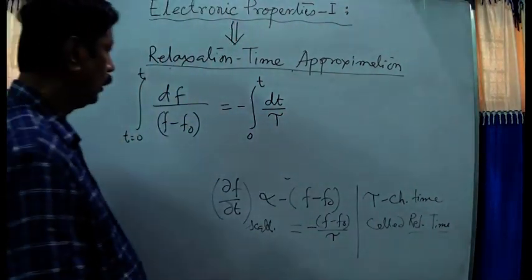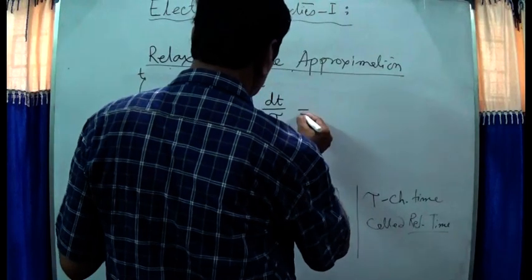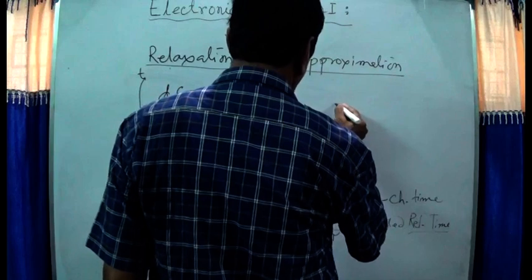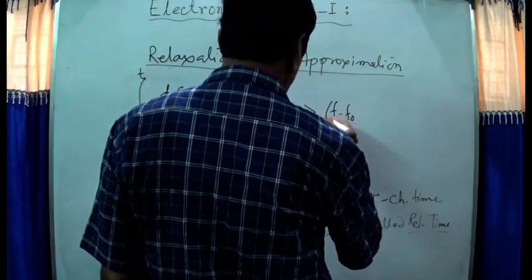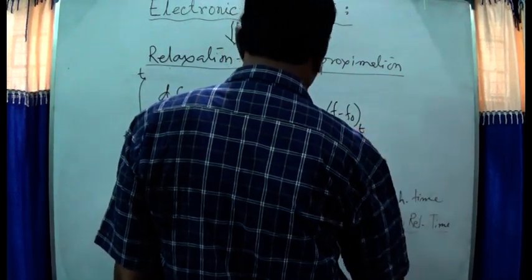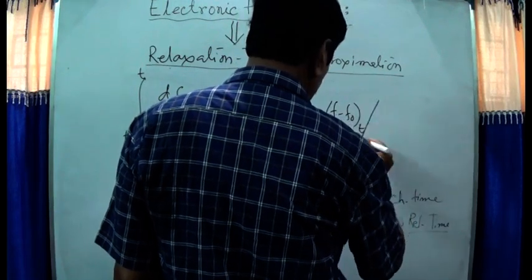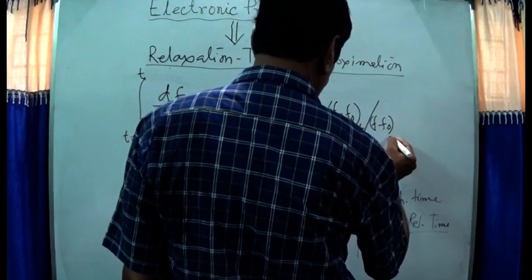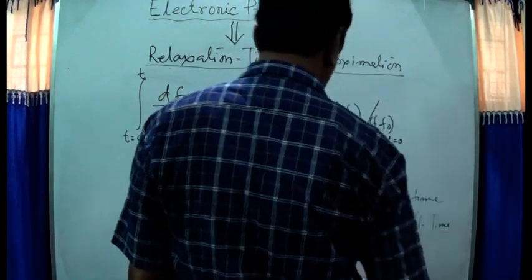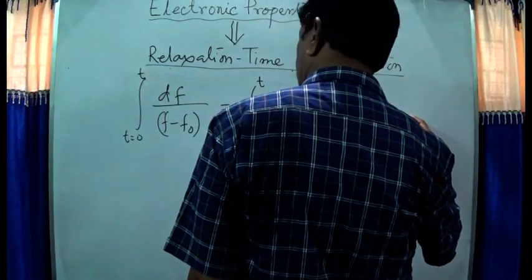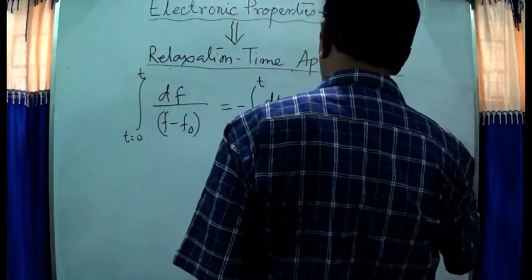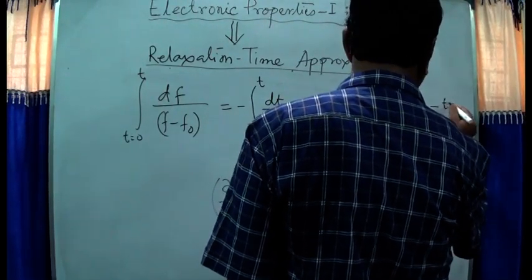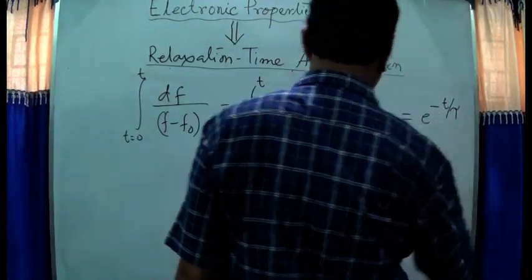Right? Now obviously this will give us f minus f0 at time t divided by f minus f0 at t equal to 0 is equal to e to the power minus t by tau. Right?